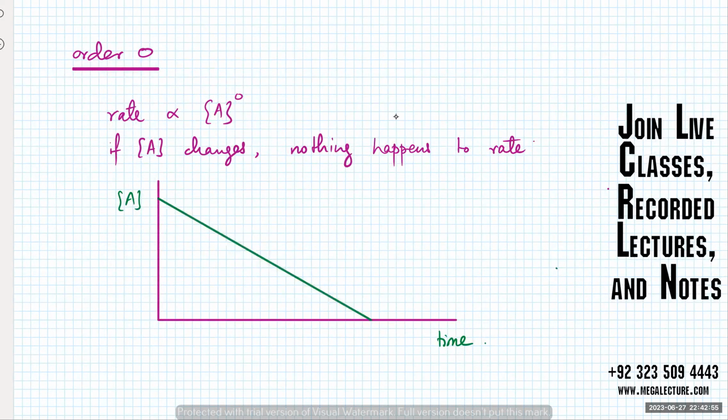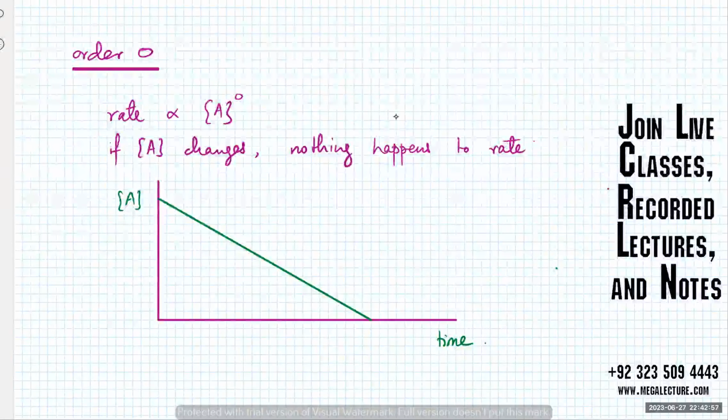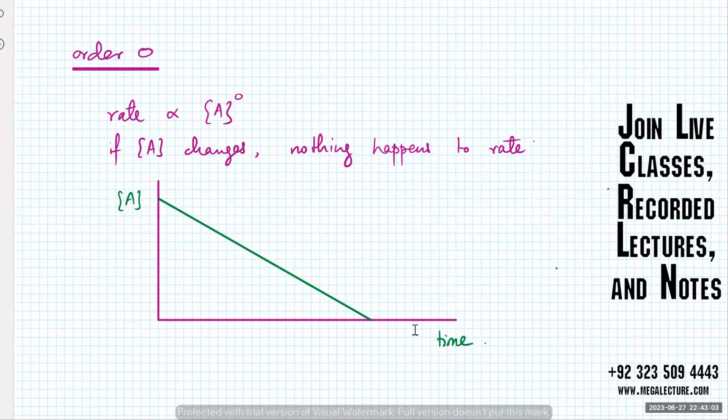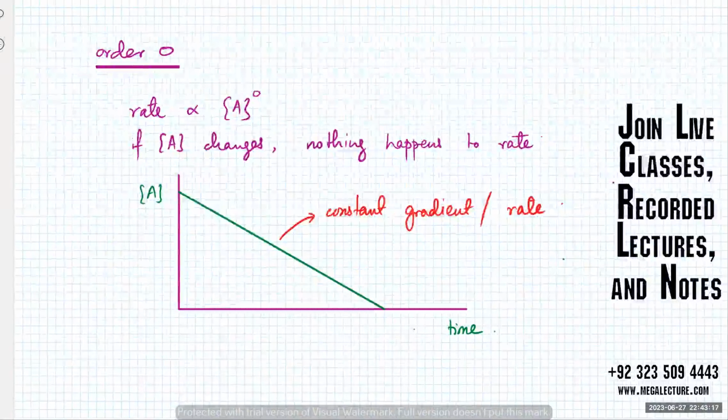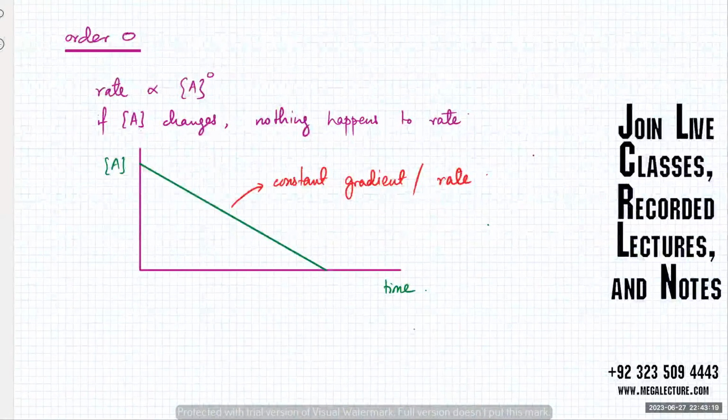It doesn't slow down. It just keeps on going. As the concentration keeps on decreasing, you've got a constant speed. So that means you get a constant gradient, which is basically your rate. Is that clear? Yep.